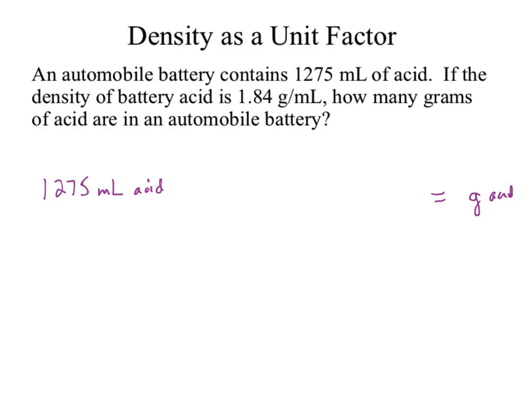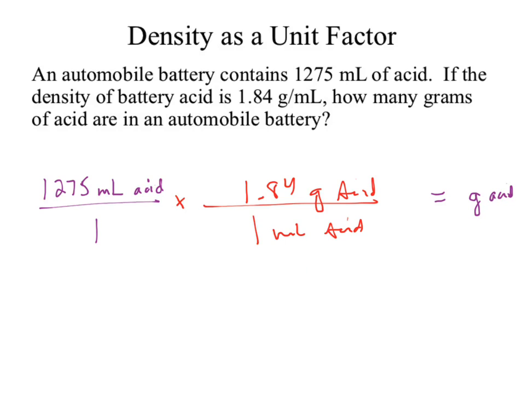It's over 1. What's that? So every explanation I've been given is because of the conversion factor of 1.84 grams of acid per 1 milliliter of our acid, the conversion factor that we didn't write yet.